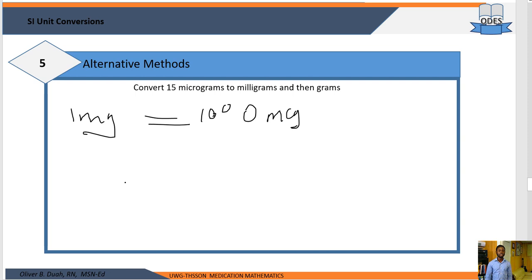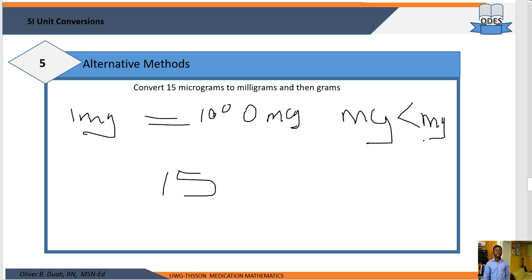Okay, and so we have 15 micrograms. The first question is, are we converting from a larger unit to a smaller unit? So we are converting from micrograms to milligrams. So micrograms is smaller than milligrams, and so mcg is smaller than milligrams. This means that our arrow is going to point to the left.